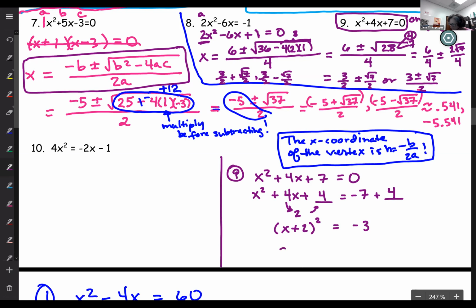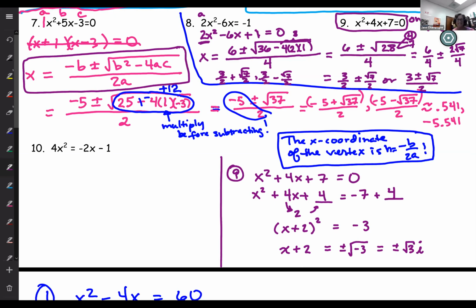Using the square root property, x plus 2 is plus or minus the square root of -3, which is plus or minus root 3 i. You could write the i in front of the radical or after. Just make sure the i is not under the radical. So x is -2 plus or minus root 3 i.